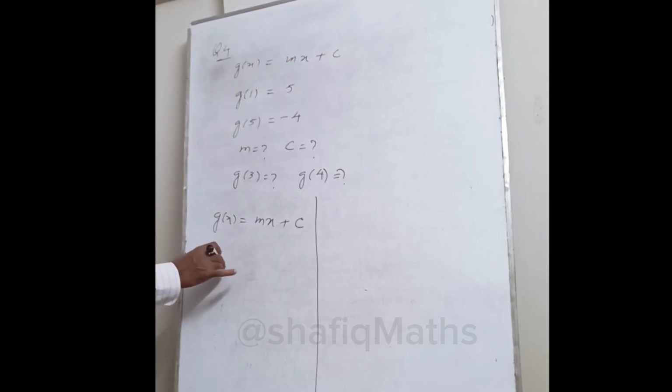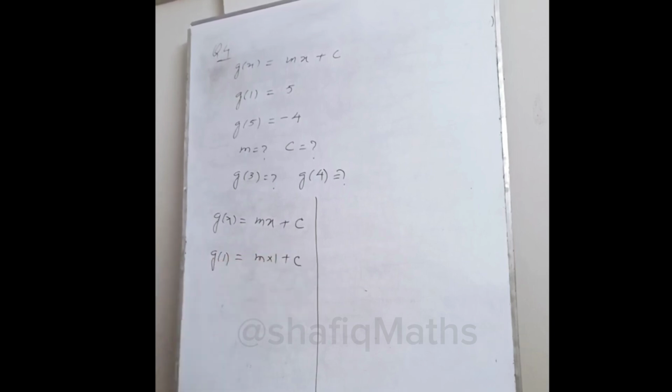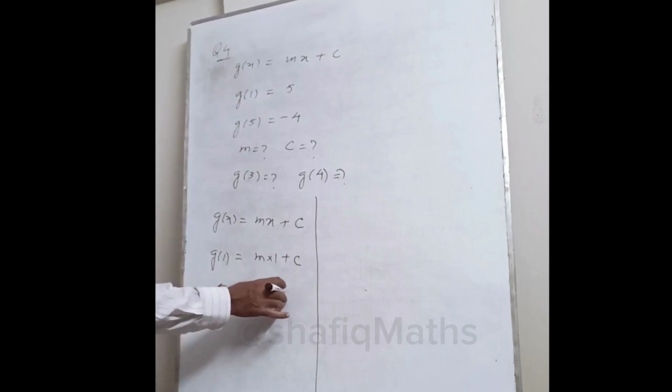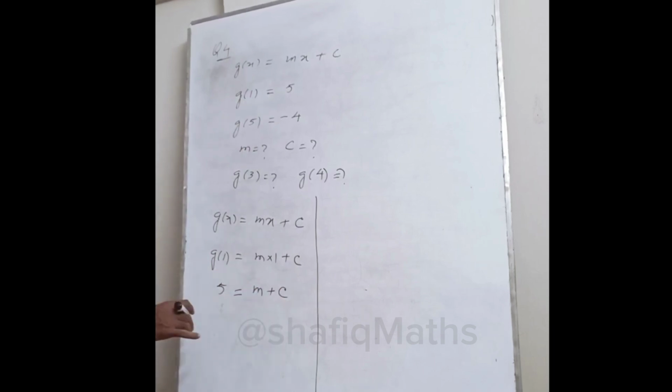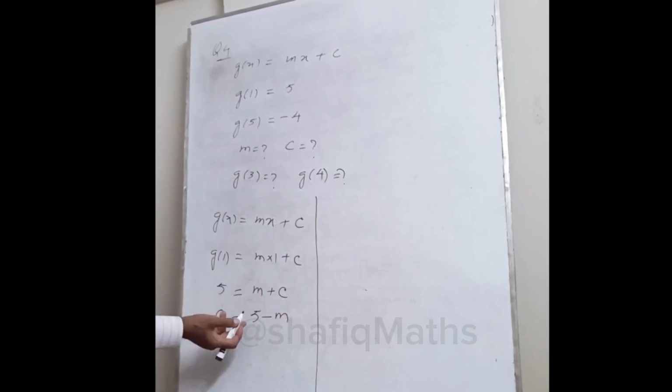So g(1) = m × 1 + c. The value of g(1) is 5, so we write 5 = m + c. From here we can find the value of c, so it would be c = 5 − m. M we are shifting to this side, so it would be 5 − m.